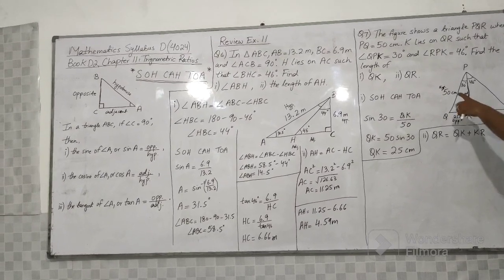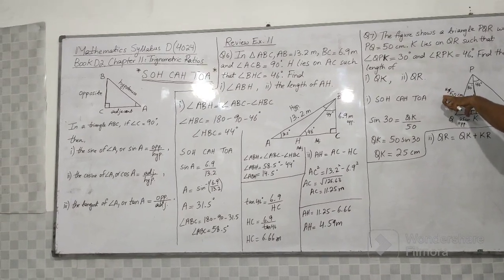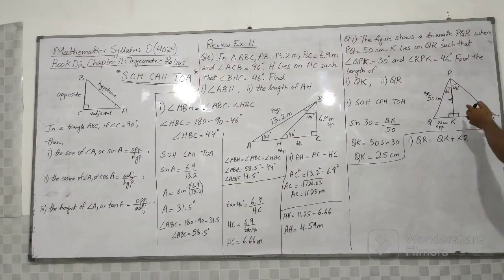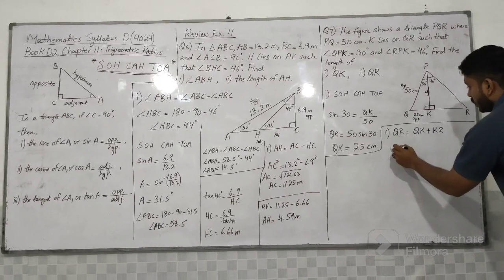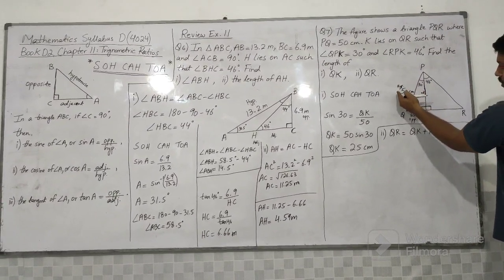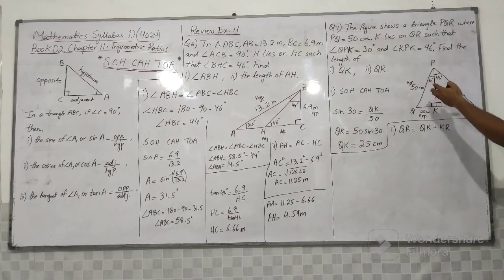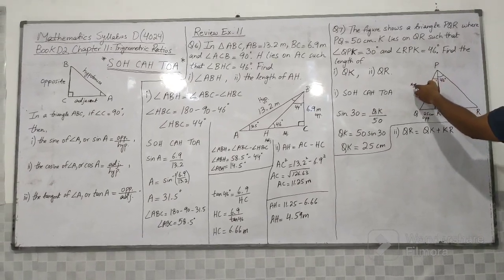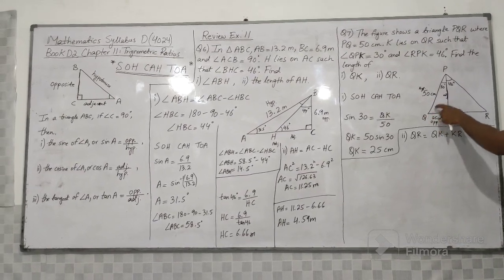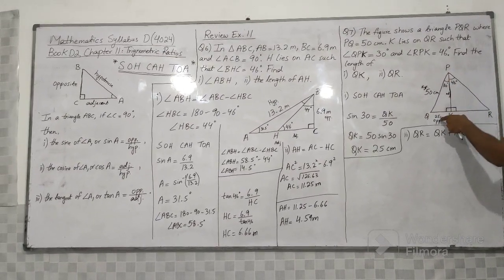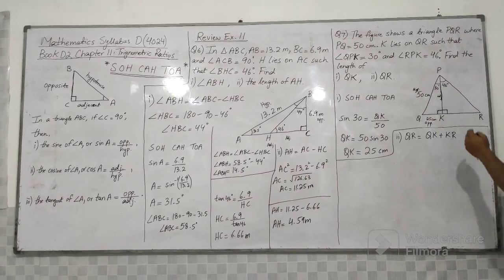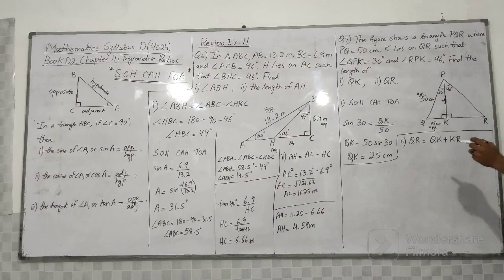So we will be applying the Pythagoras theorem to find the third side, because it's a right angle triangle. This is the hypotenuse. So this 50 square will be equal to this square plus this square. So the square of this side will be subtracted from the hypotenuse, correct?